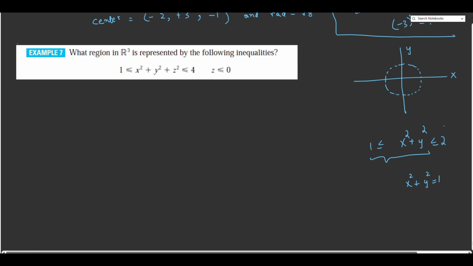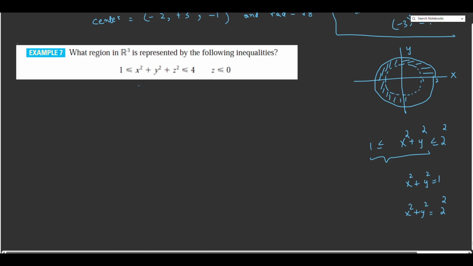You can put a square here, and the second one will give you x square plus y square equals 2 square. So it will be a circle, and its radius is equal to 2, and both of them together will give us the region between these two circles, meaning this thing.